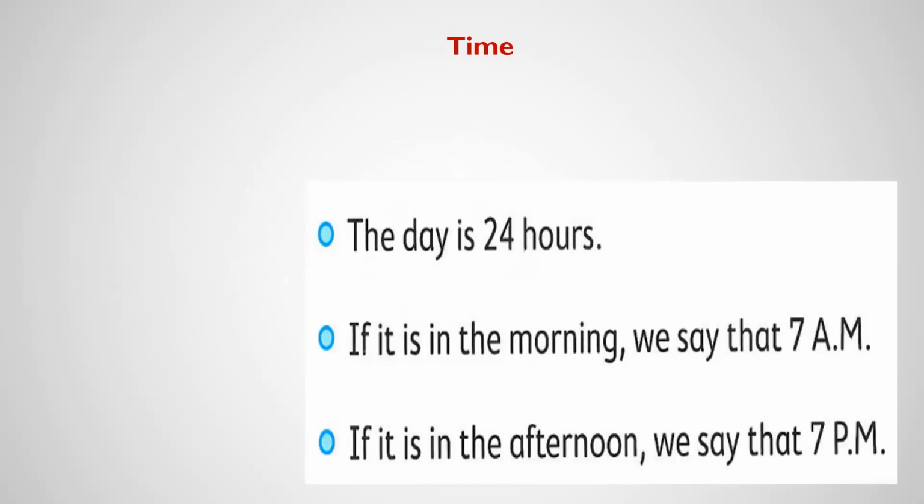Remember with me, the day is 24 hours. Each day we have in it 24 hours. And if I said that we are now at 7 o'clock, 7 means 7 in the morning or 7 in the afternoon, at the afternoon or at the evening.